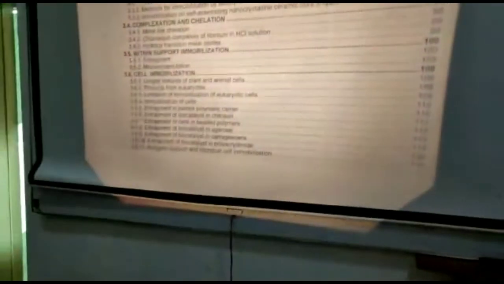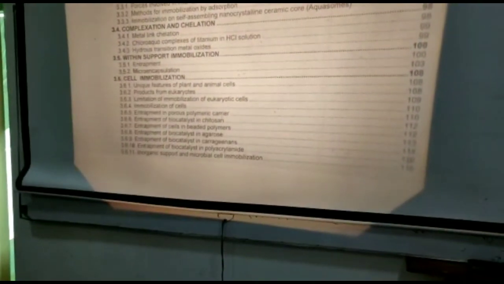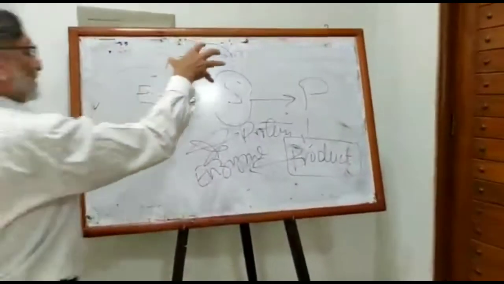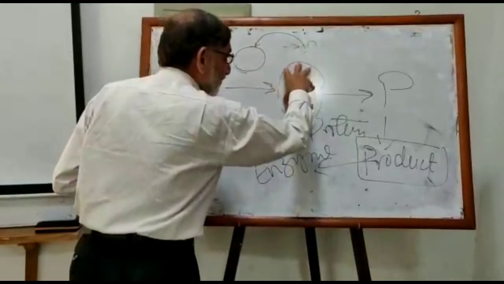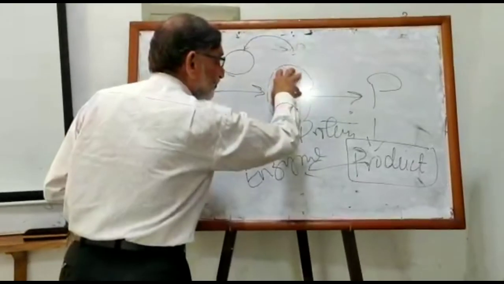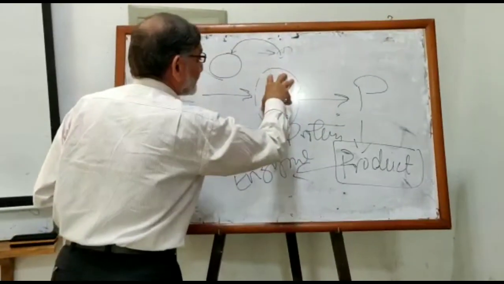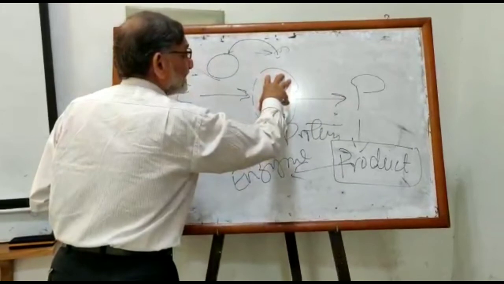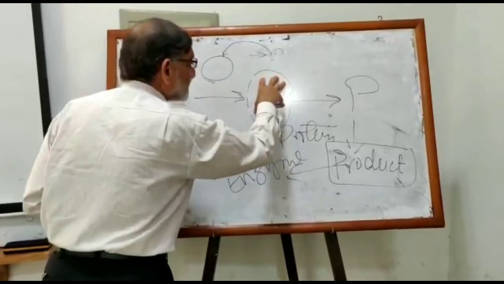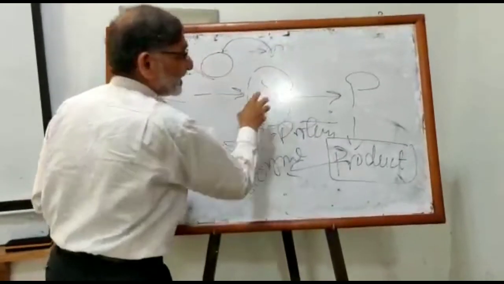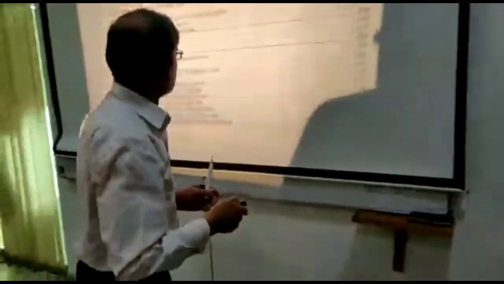Then we can entrap the enzyme on the substrate. Just entrap upon it, no chemical reaction, no biological reaction, no kind of reaction is involved in it. It is just physical entrapment wherein the enzyme will stay upon the substrate.